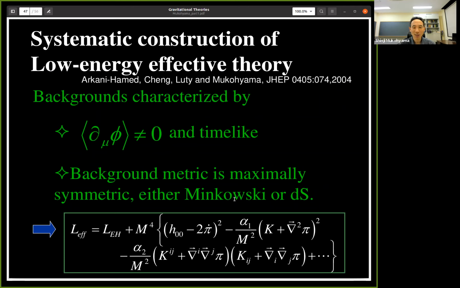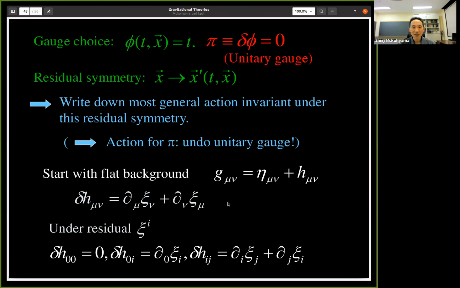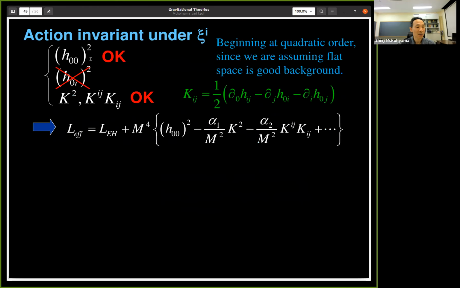For simplicity, we consider Minkowski; generalization to de Sitter is simple. If we have a term which is linear in perturbation, this gives us a non-trivial equation of motion, meaning that Minkowski is not a solution. So the action should start from quadratic order. That's why I consider h_00 squared.